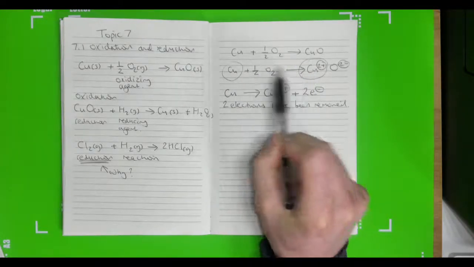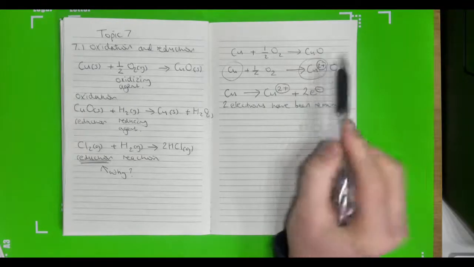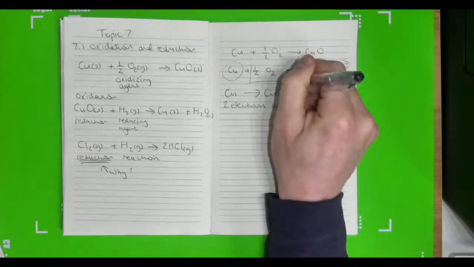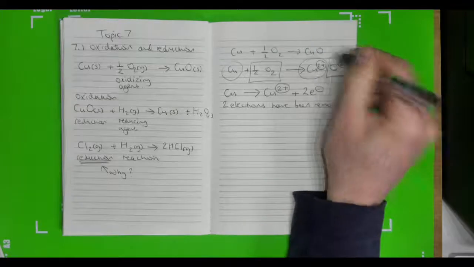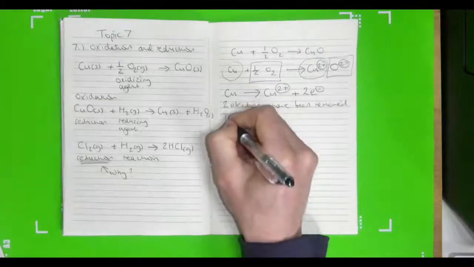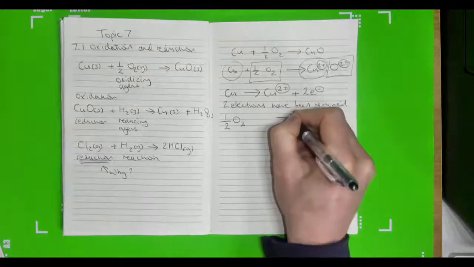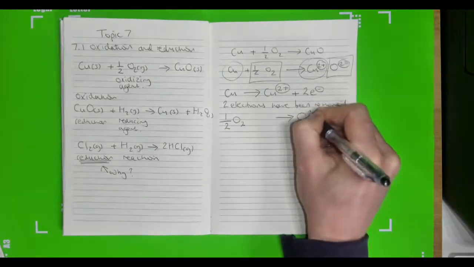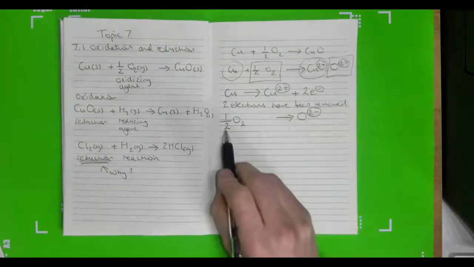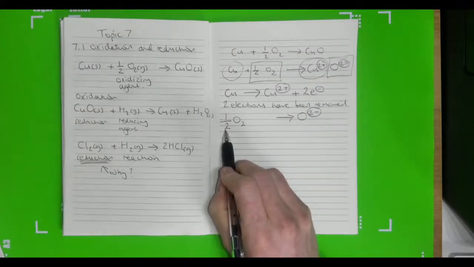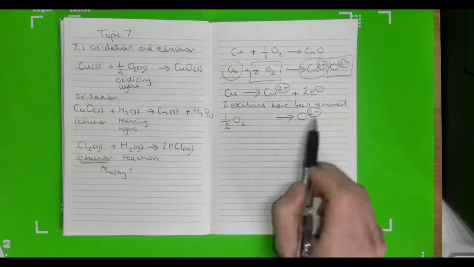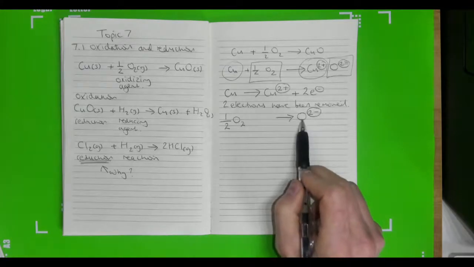Let's write down the other half equation. So it's with this bit and this bit in it. So I've got a half O2, so that's essentially one oxygen atom, makes an O2 minus ion.